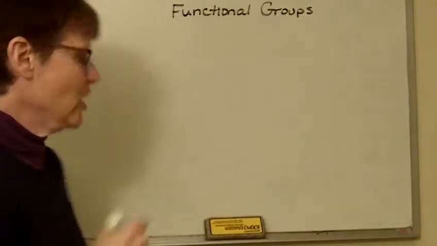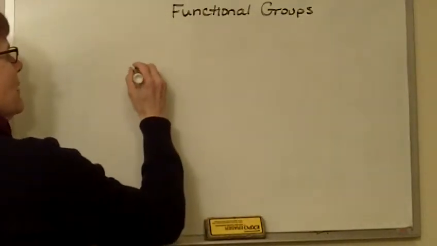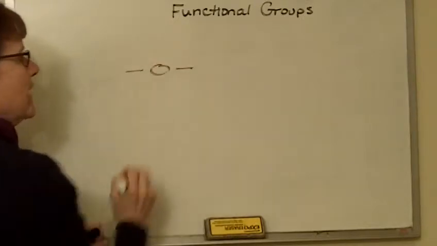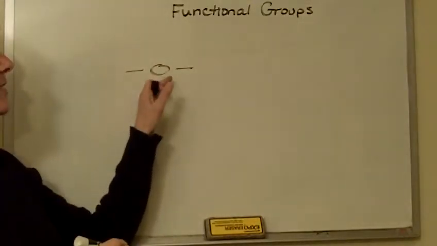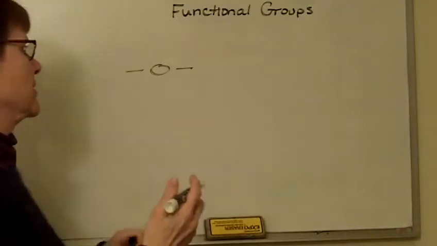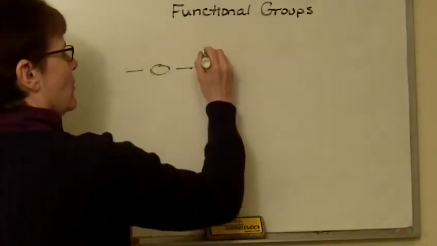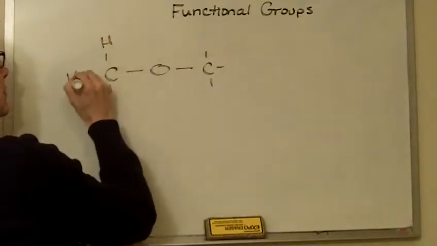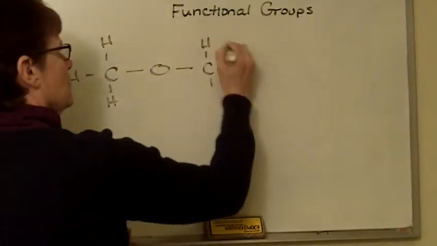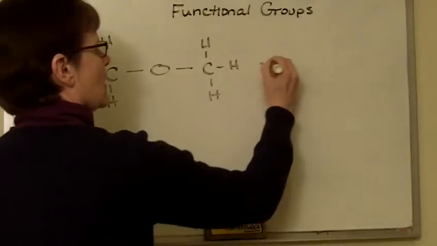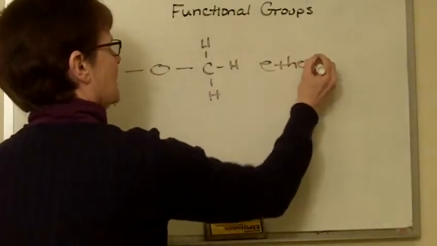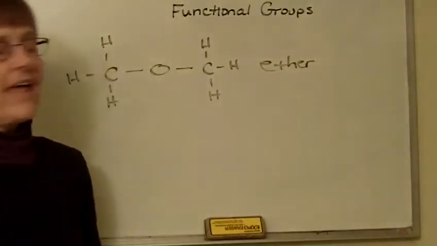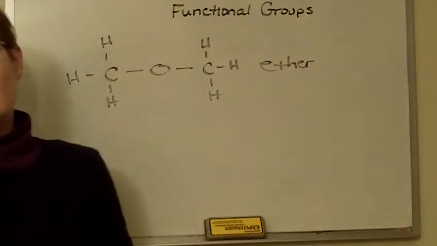All right, and then we have something like this, where the oxygen is in the middle of some chain of carbons. So I'll make something simple over here and put just 1 carbon on each side. And that's called an ether. And you've probably heard of ethers.